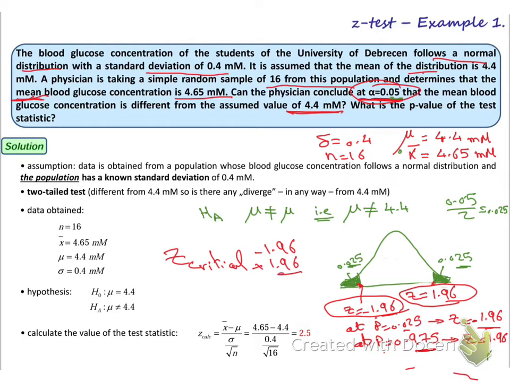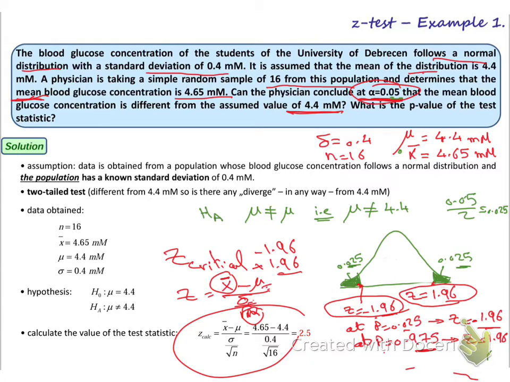So we have to get that calculated from this formula. In this formula, I have to substitute Z equals x bar minus mu divided by sigma divided by the square root of n. This is x bar for the sample, and this is n for my sample, and this is for the population.